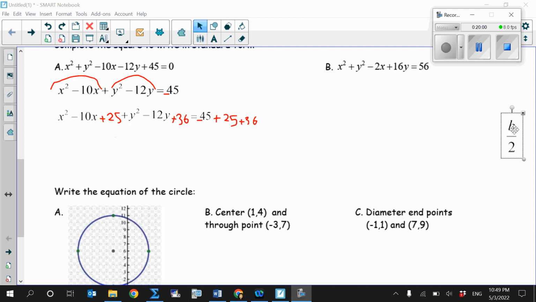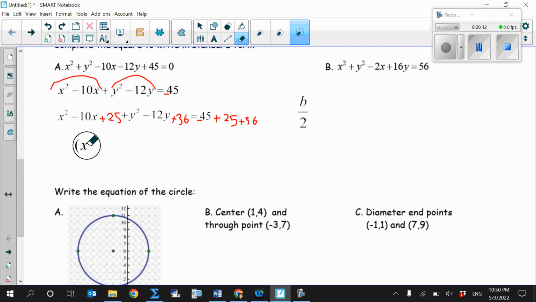So this is what we're going to use in this case. The b value is negative 10, divided by 2 is negative 5. So the first part of the equation will be x minus 5 squared. Okay, so this is the first part.